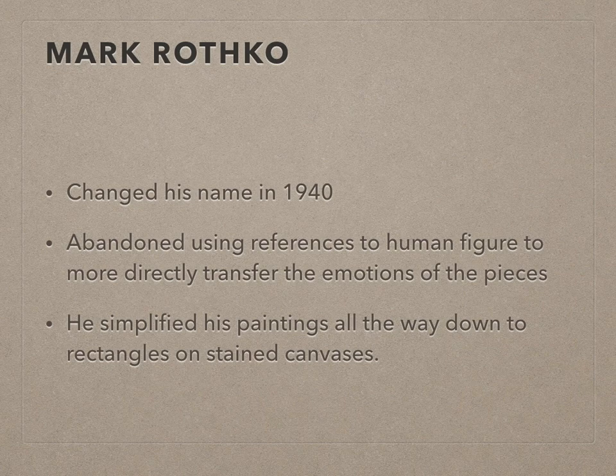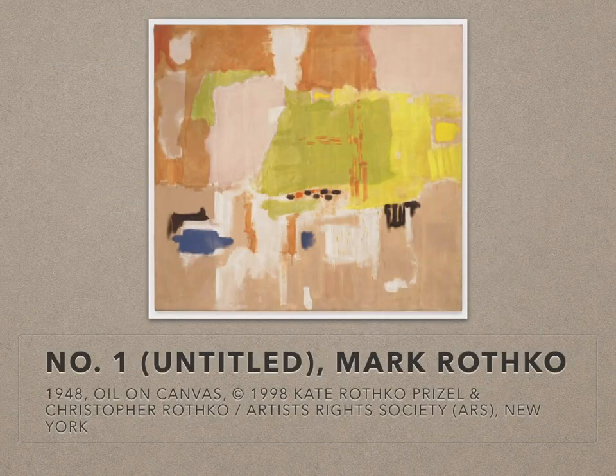The next three slides are just pictures of his work, and I believe they're pretty easy to tell. I'll show you. So number one, these are from different periods of his life, by the way. This is some of his first work moving into the color block and simplifying his work all the way down to just blocks of color on canvases.